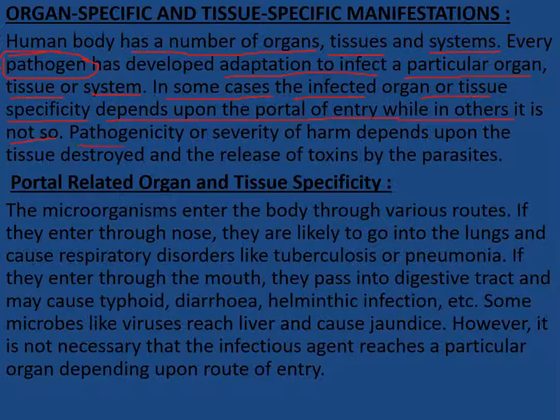The pathogenicity, or the severity of harm, depends upon the tissue destroyed and the toxins released by the parasite. That means the severity of harm to a particular tissue or organ is related to the destruction of that tissue or the release of toxins by the parasite.